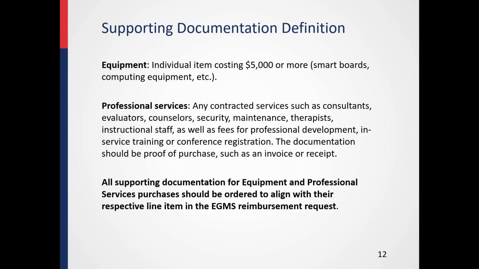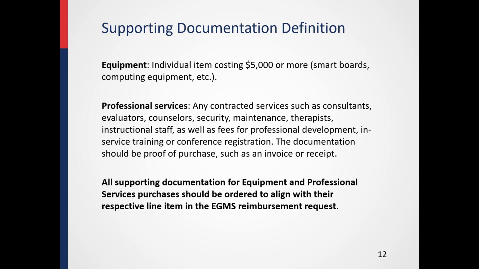For professional services, those are any contracted services where the services are being performed to implement your program. This could include consultants, evaluators, counselors, security staff, maintenance workers or maintenance contractors, therapists, instructional staff, and fees for professional development like in-service trainings or conference registrations.